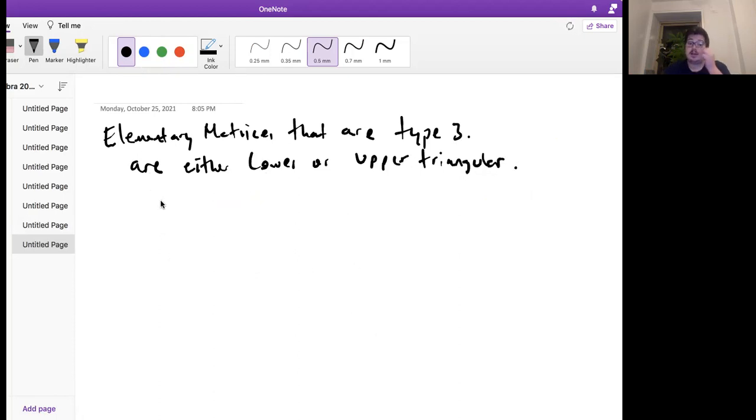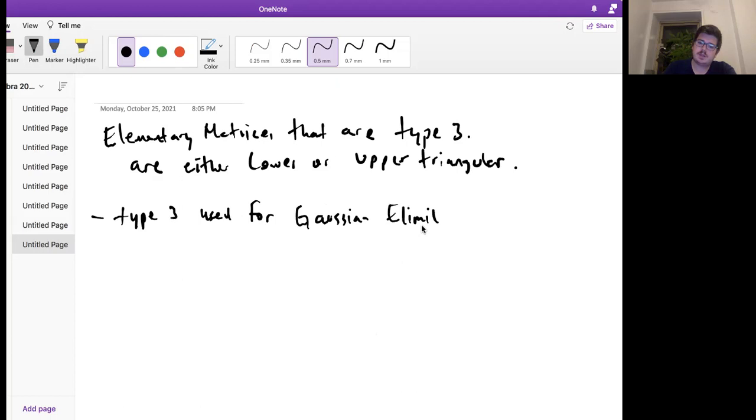Can you tell me the type 3 matrices used for Gaussian elimination, are they lower or upper, do you think? So remember, this is putting it into row echelon.